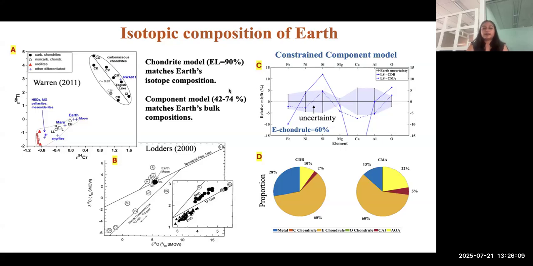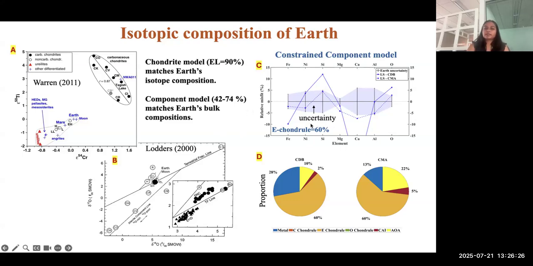You might raise the question that chondrite and chondrules are different things, but I chose 60% because enstatite chondrite itself is about 80% chondrules.